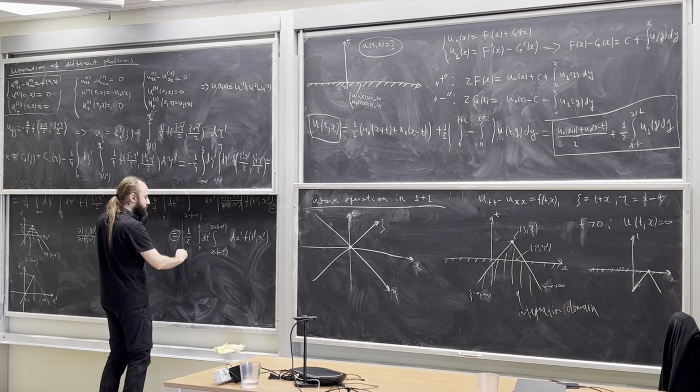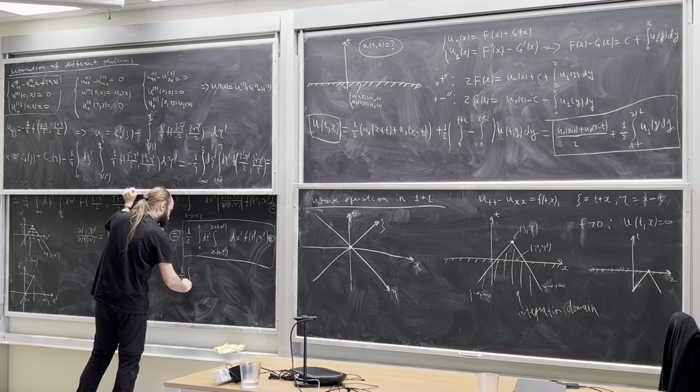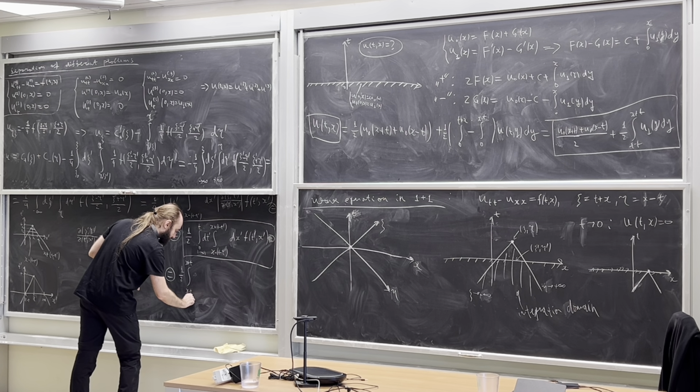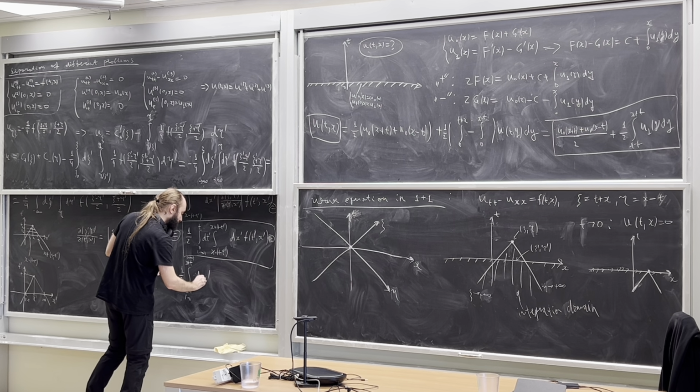So this is already the answer, but it can be rewritten. So this can be chosen as minus and plus infinity. So equivalently here we could put minus infinity, dx prime.